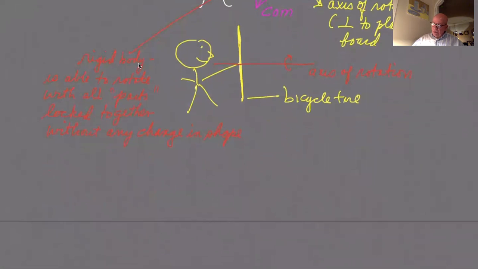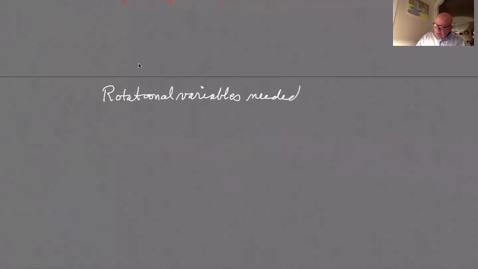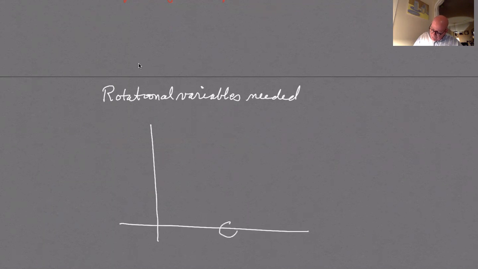So let's begin to talk about the rotational variables needed to discuss this rotational motion. Okay, so let's imagine that we have two objects of mass, two spheres, and these are tethered together on a very light, rigid rod.